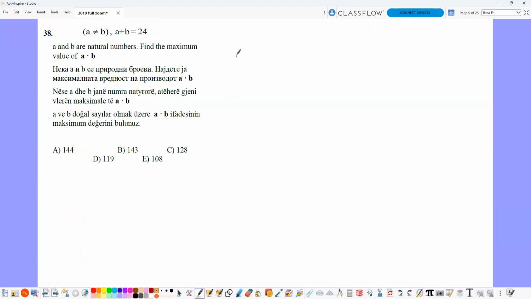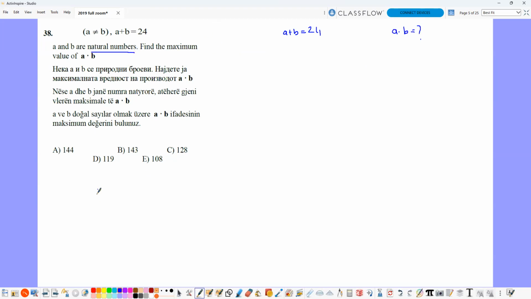If we continue with the next question, this is also a trial question. We are going to check which values, firstly, a plus b should be equal to 24. And here, a times b, what is the maximum value of a times b? And it is given that they are natural numbers.